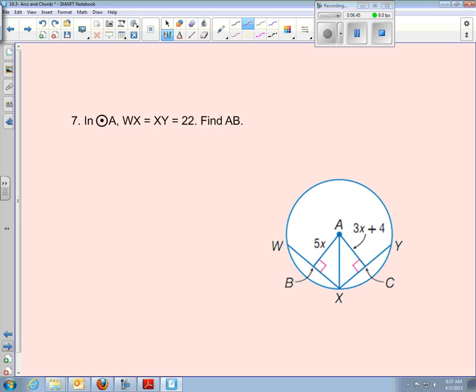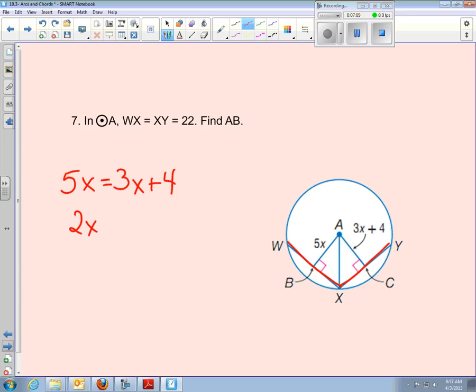So go ahead, let's look at this last problem. In circle A, WX is congruent to XY, and that's 22. So this chord is congruent to this chord. So if those two chords are congruent, then we know that our distances are going to be equidistant. So we're going to set 5x equal to 3x plus 4. Solve that for x.